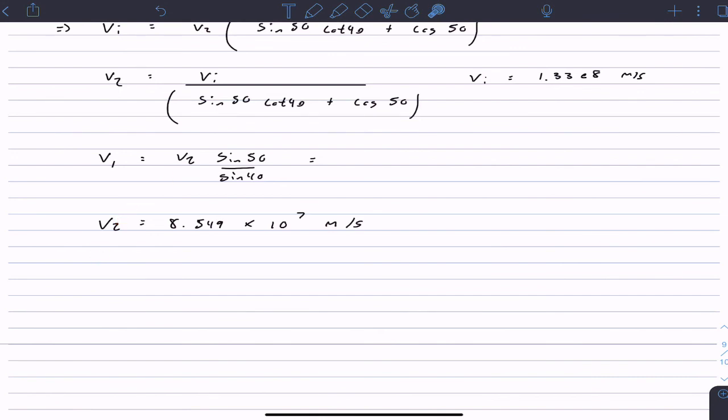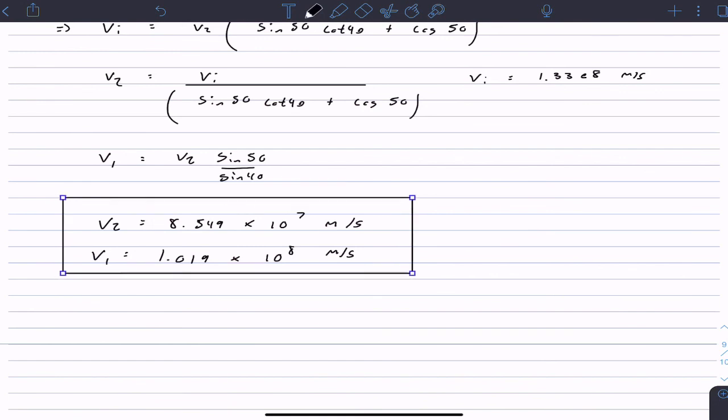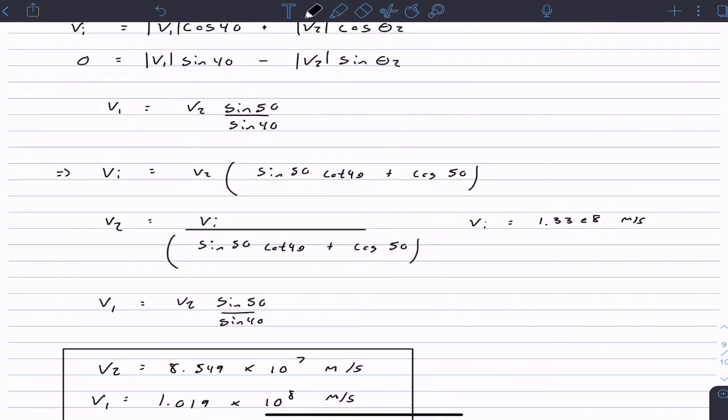Plug all that in, and then I get V1 is equal to 1.019 times 10 to the 8 meters per second. So these are the values I found by solving it analytically. I would be interested to know if anyone solves it using some sort of system of equation solver, if you get the same answers. All right. Thanks.